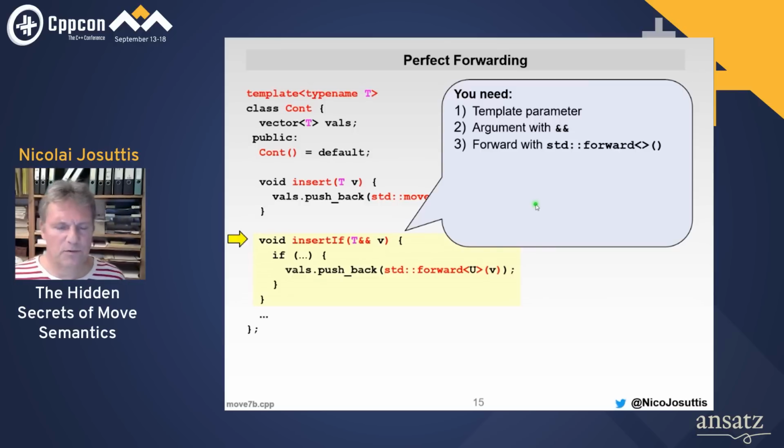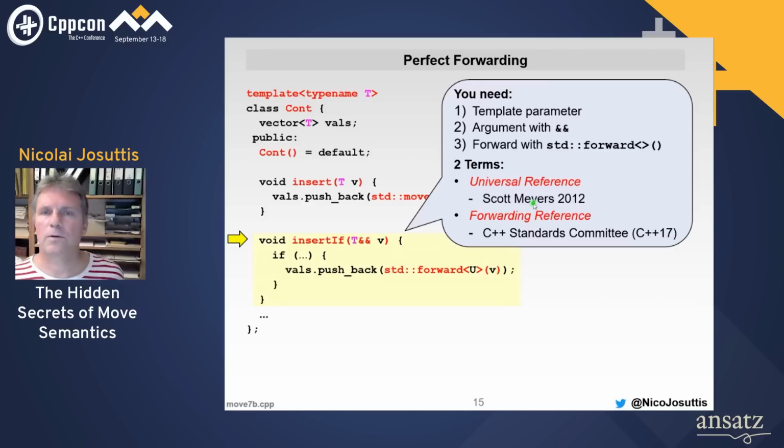First of all, I use the term universal reference. You might think, what the hell is he talking about? Because there are two terms for what we talk about here. There's another term, it's called forwarding reference. It's a nightmare and a mess we have in the C++ community here. Scott Meyers introduced this term in 2012, right after C++11 was published, and he used universal reference, and you can still find this term in a couple of books and chats, and some people like me still use it.